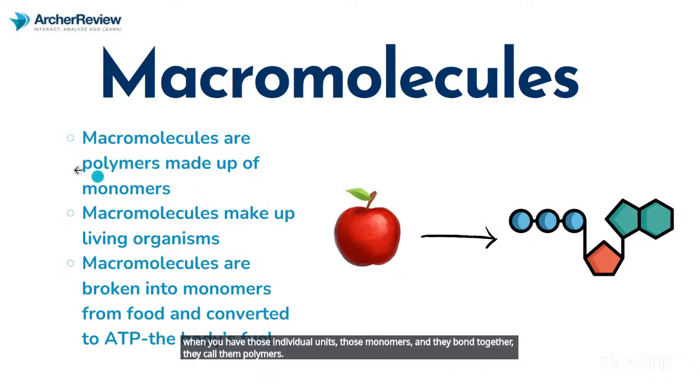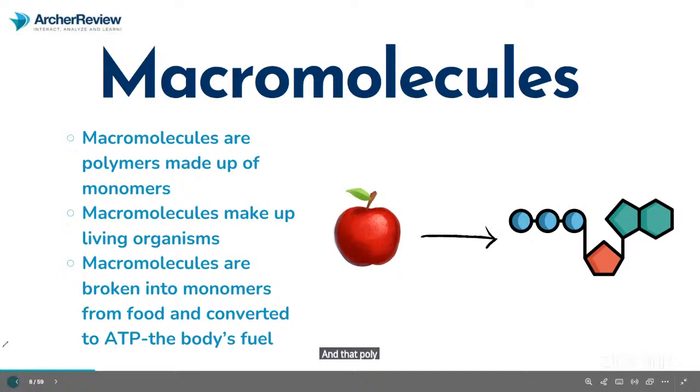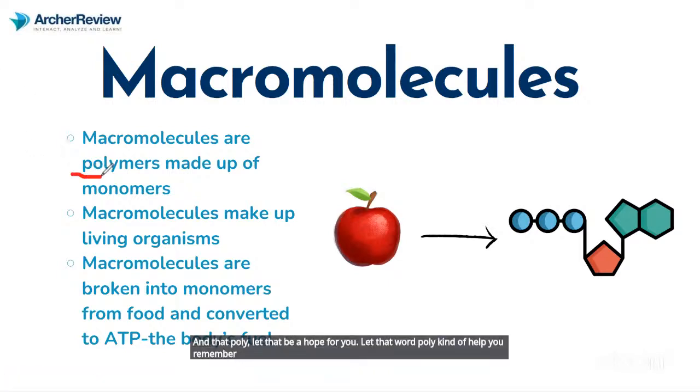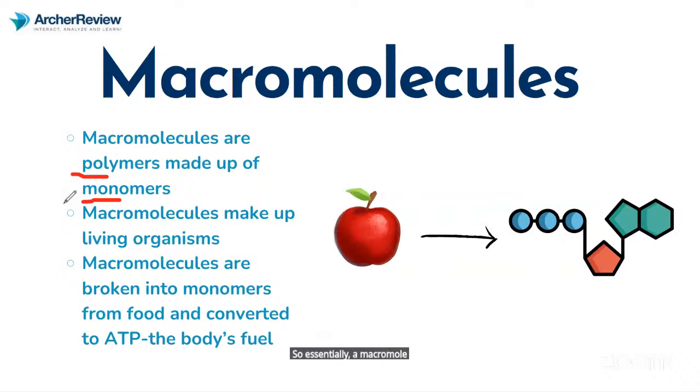Let that word poly help you remember: poly means many, mono means one. So essentially, a macromolecule is many monomers linked together. Okay, and macromolecules are very, very important to us because they make up who we are.